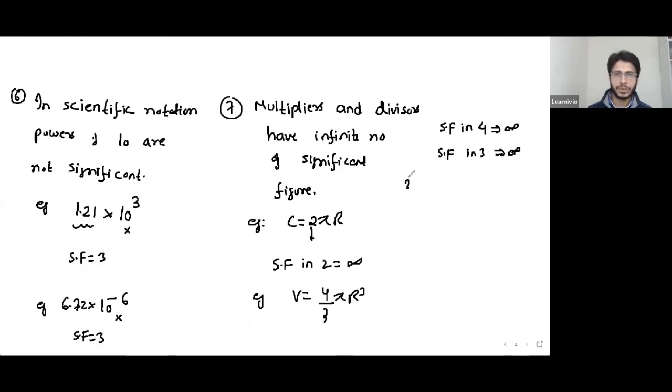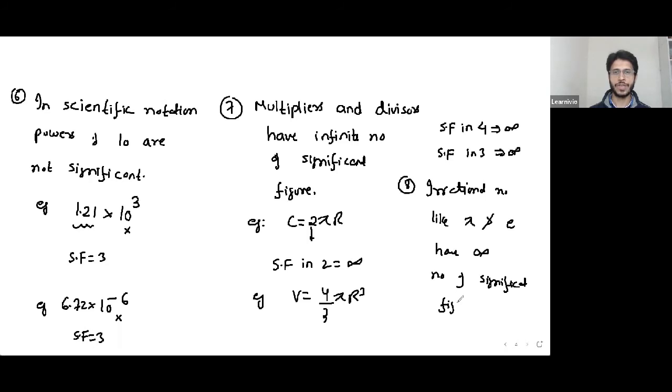After multiplier and divisor, there is one last: irrational numbers like pi and exponential have an infinite number of significant figures. So this is how we count significant figures in a measurement.